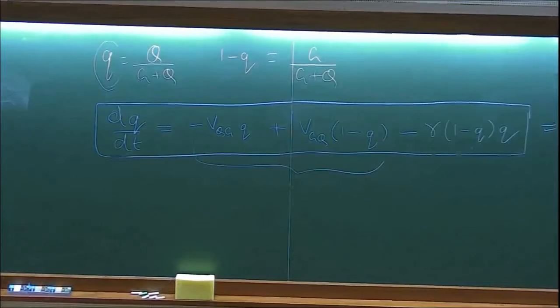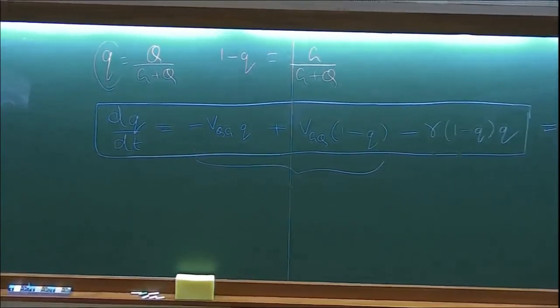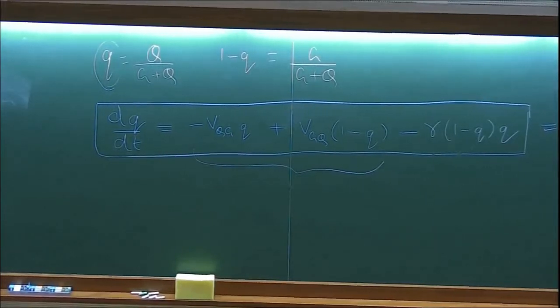Okay, so I'm going to continue with this by saying, and bear with me for a bit, for completely other reasons which I hope I will be able to make clear to you later, I'm going to assume gamma is very small. It has something to do with the fact that I want two different time scales. Remember, we wanted to make an oscillator which has two time scales, and I want the growth to be the slow time scale.